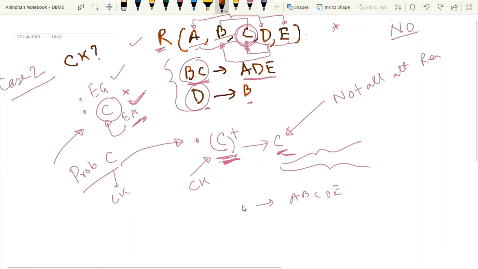So here, try to understand a trick. We have proven that C is the essential attribute. So it is the must-have attribute. Without C, I cannot proceed. So the next step is I will try to find all combinations of attributes with C. I will find the closure of AC, the first attribute combined with C, because C is essential.